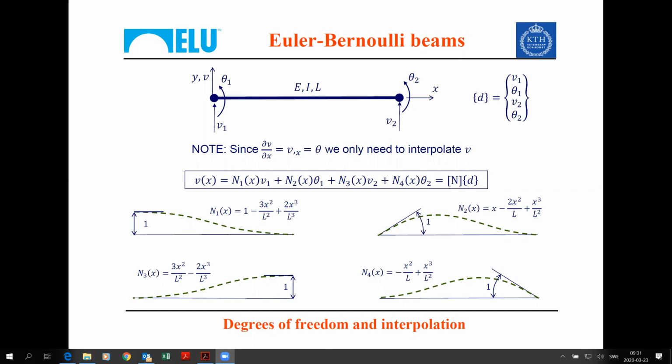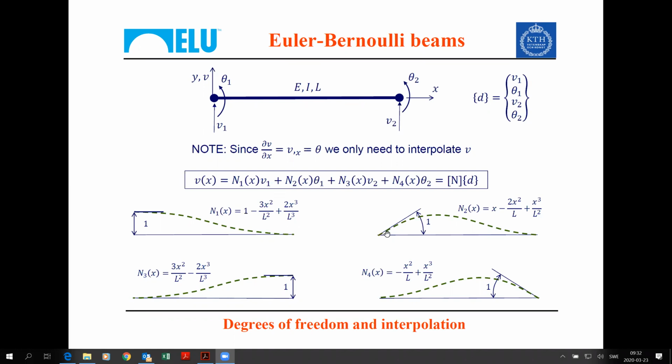N1 of L at the other end, at node 2, should be equal to 0, because v2 should be equal to 0. And the first derivative of N1 evaluated for x equal to L, so evaluated at the second node, should also be 0. Our 4 constants, which will give us N1 of x, are shown here in the slide.